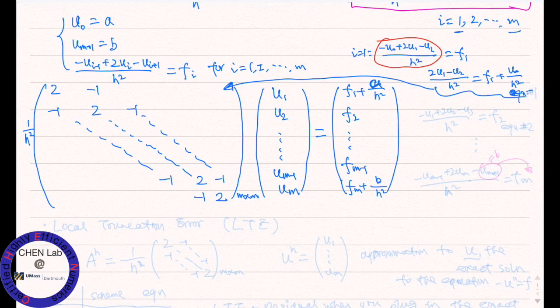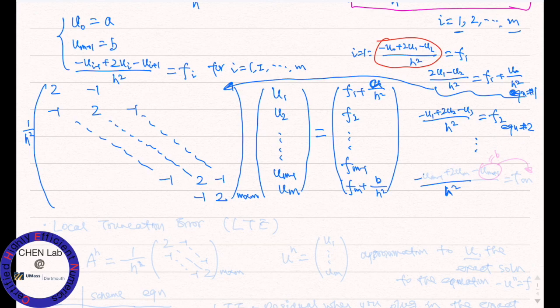EQN number 1. EQN number 2, as we did already, that's just negative u1 plus 2u2 minus u3, right? This is equal to f2. This is equation number 2, right? So on and so forth. Towards the end, you have h squared. Right? We're going to ask the PDE to be satisfied at xm.